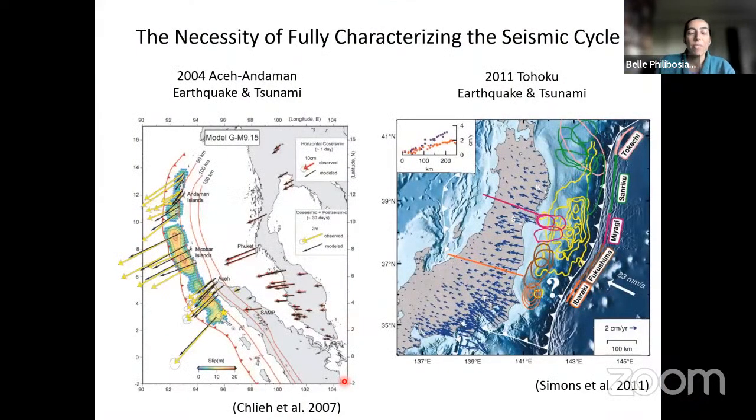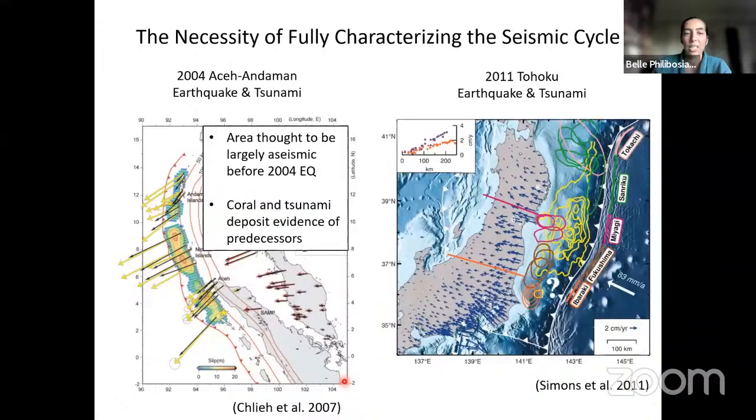So first of all, as the motivation for this, it's of course very important to fully characterize the seismic cycle. If you don't understand all of the potential things that can happen, you can have tragic surprises. As everyone here is, I'm sure, well aware, before the 2004 Aceh Andaman earthquake and tsunami, this area was thought to be largely aseismic by many scientists.